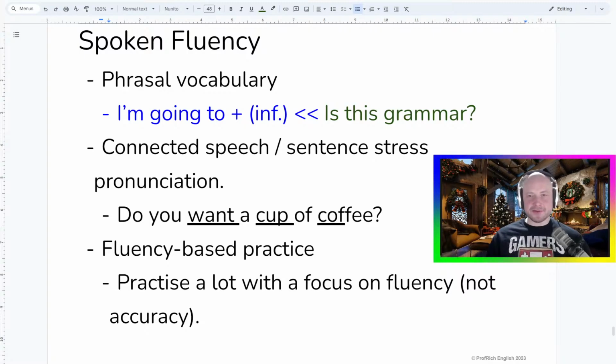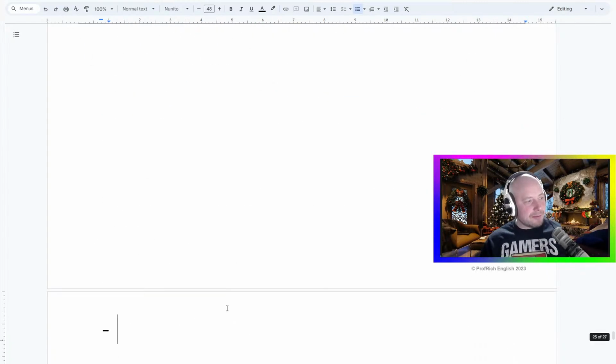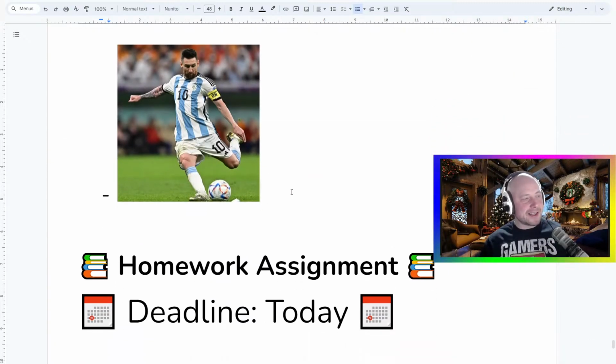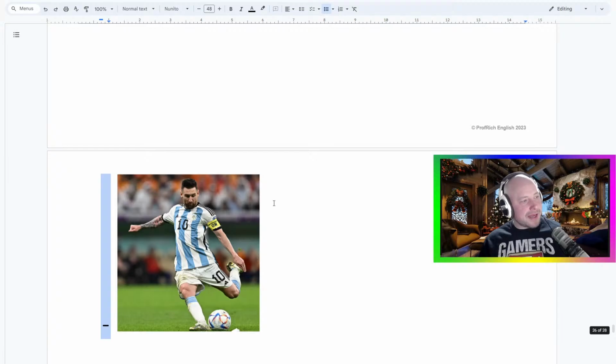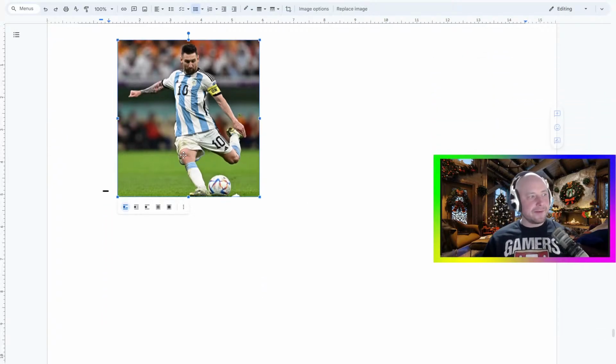Let's think about this, right? Imagine Lionel Messi, right? Now, imagine that Lionel Messi couldn't read. Actually, he can read, but let's imagine a different Lionel Messi, right? Well, imagine a Lionel Messi that can't read. So we have a Lionel Messi and he can't read.